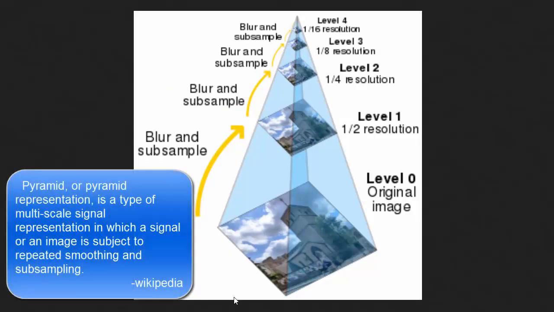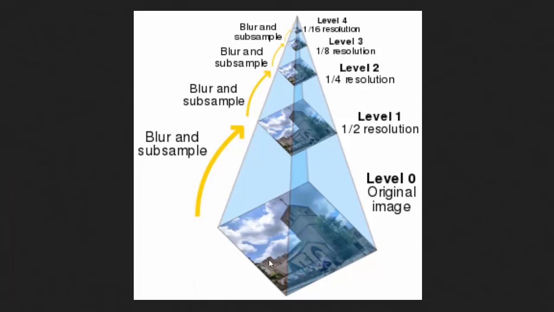So pyramid or pyramid representation is a type of multi-scale signal representation in which a signal or an image is subject to repeated smoothing and subsampling. A normal pyramid of images will look like this. Let's say this is the original image at the bottom.